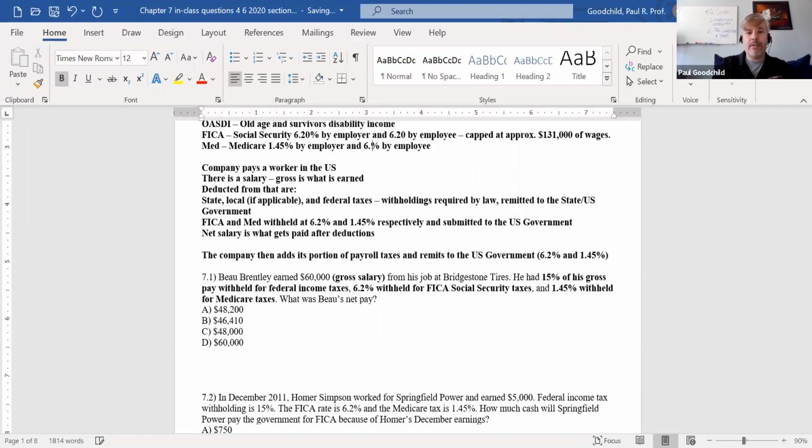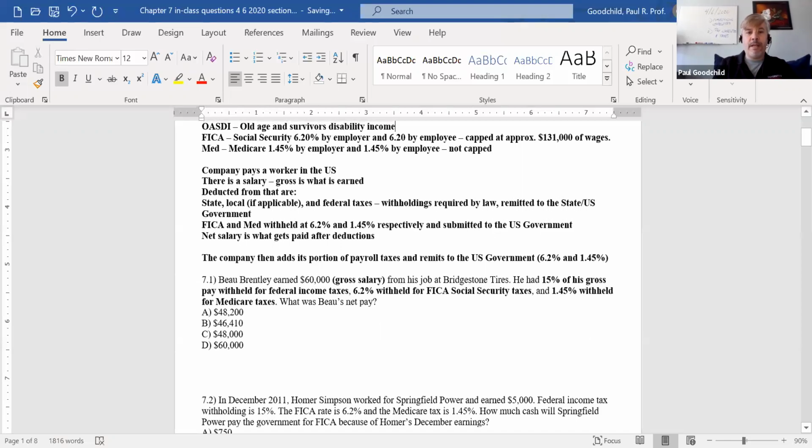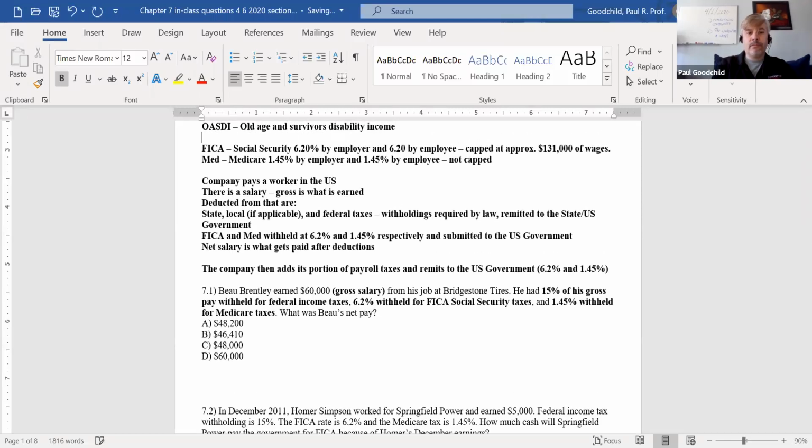And I made a mistake here. This is 1.45%, and this is not capped. And keep in mind that these are deducted from regular earnings.